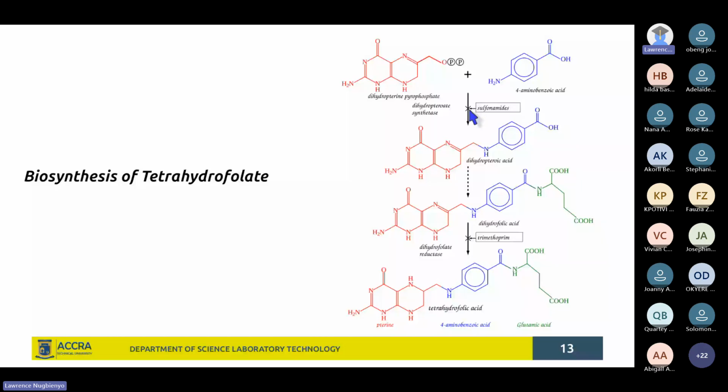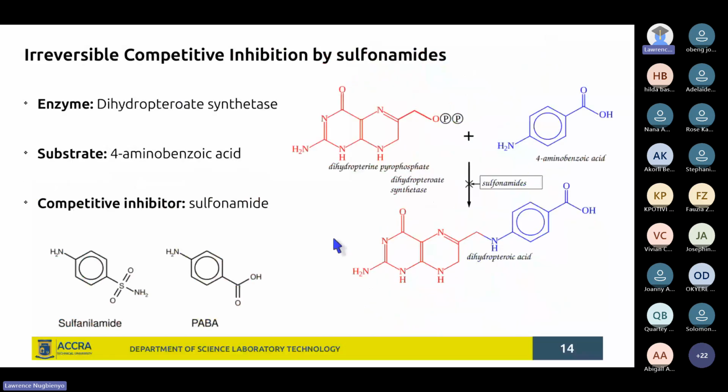You see, same thing. You have this drug, this medication, trimethoprim. Trimethoprim also inhibits that last reaction, which means it inhibits this enzyme, dihydrofolate reductase. Same way, sulfonamides inhibit that enzyme, dihydropteroate synthetase. That's what it means. We can take a closer look at each of these to see what this means.